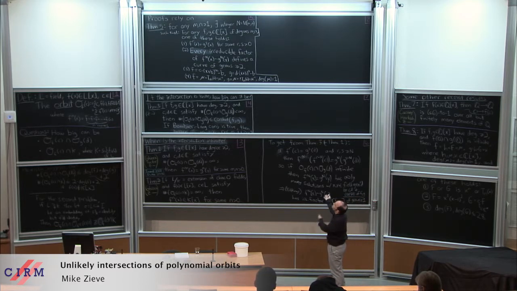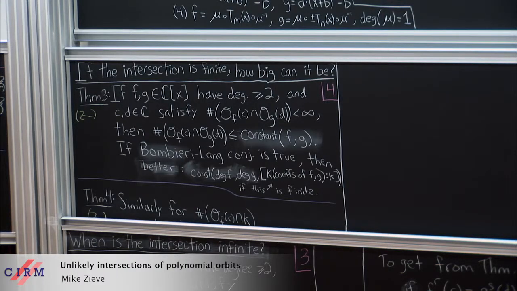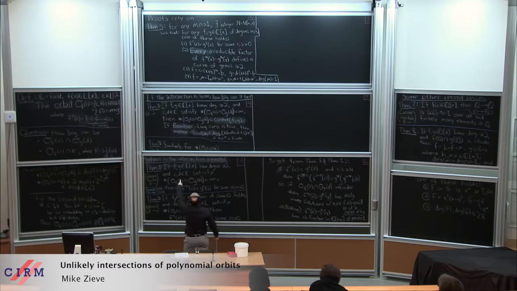And then that proves everything thanks to these heavy hammers, thanks to Mordell's conjecture. It proves the first part of Theorem 3, and then thanks to the work of Caporaso, Harris, and Mazur, with Bombieri-Lang, it gives you this better thing. So this is the crucial bit to get from Theorem 5 to the other things.